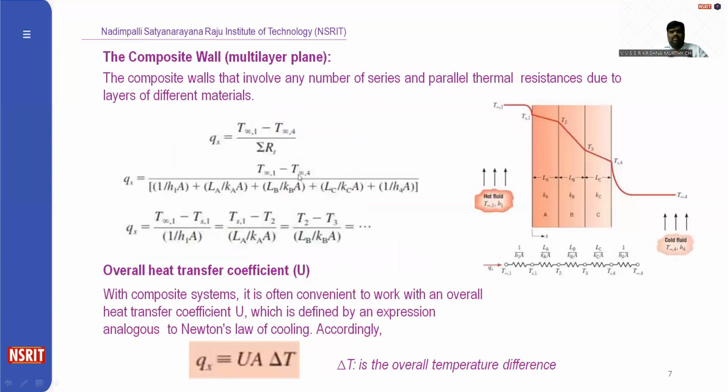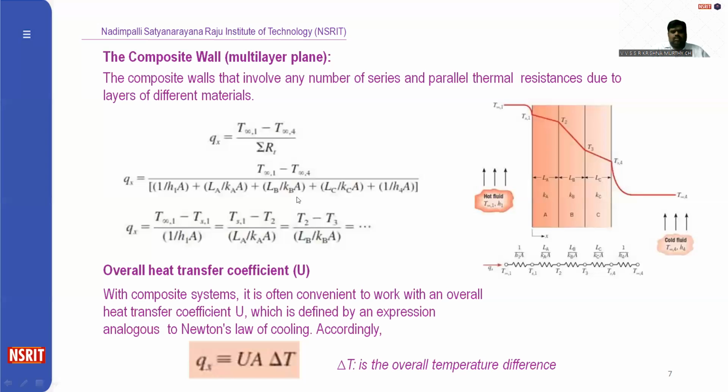If we have multiple conduction walls, then it is T1, T2, T3. So here we take Q equal to (T inlet minus T outlet) by the total summation of R, where R depends on how many modes of heat transfer there are. We add all the thermal resistances.